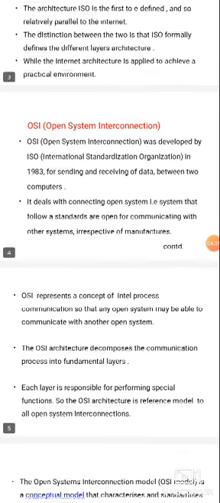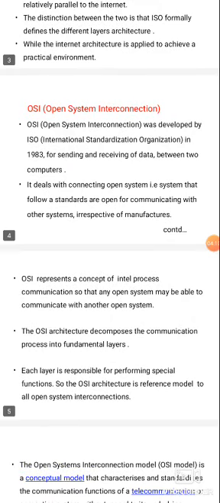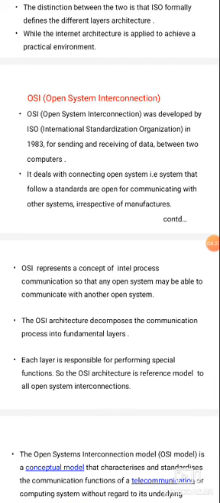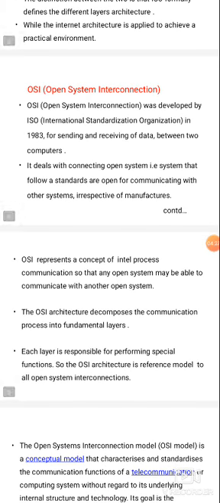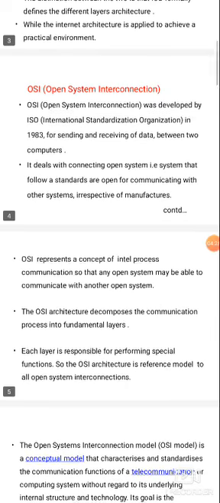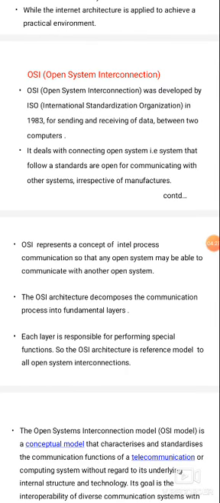Open System Interconnection was developed by ISO in 1983 for sending and receiving of data between two computers. The need of OSI is exchanging of data between two computers, which is sending and receiving of data.